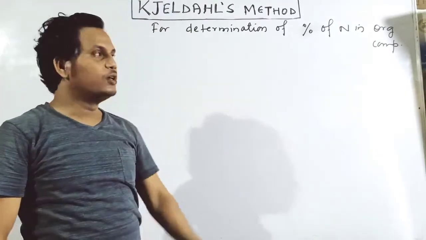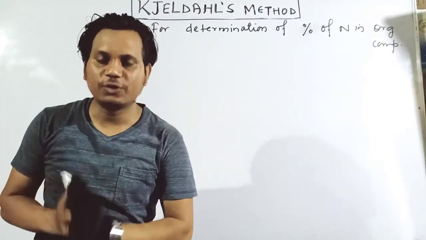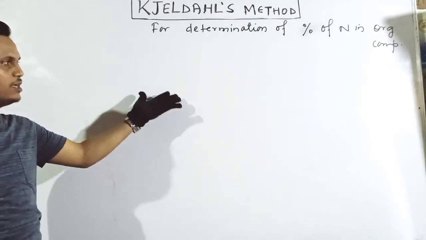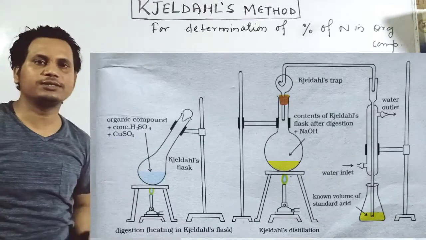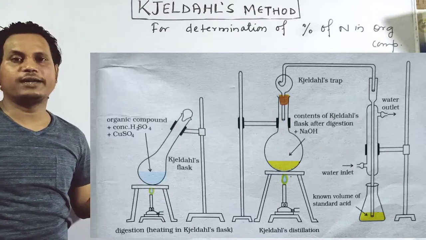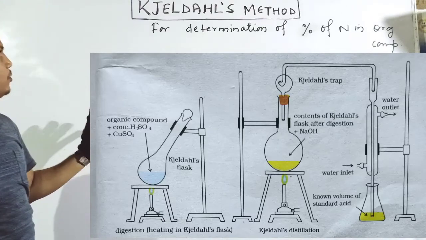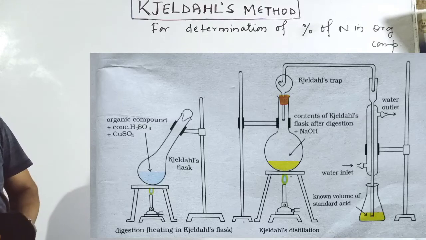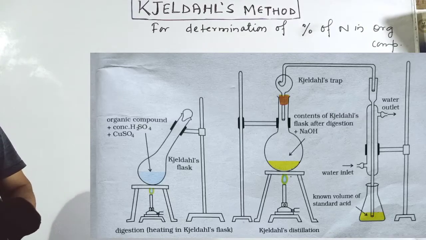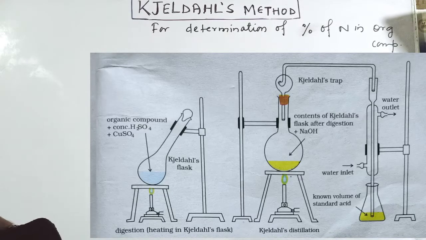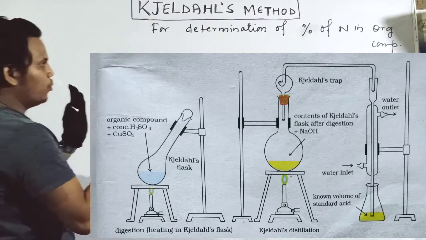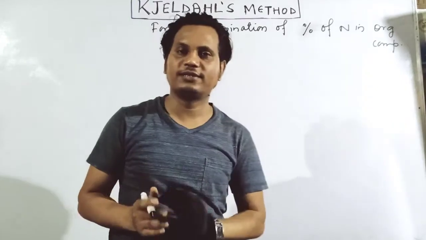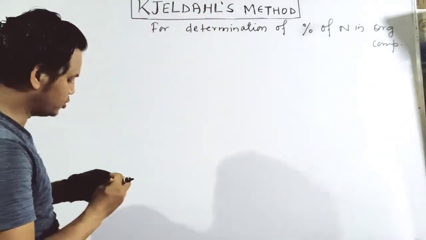Okay. So for this, the apparatus used is now showing in the diagram. In this apparatus we use the organic compound along with first adding concentrated sulfuric acid. So what reaction takes place in this case, let us check once.